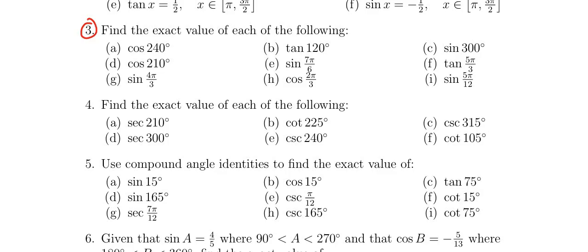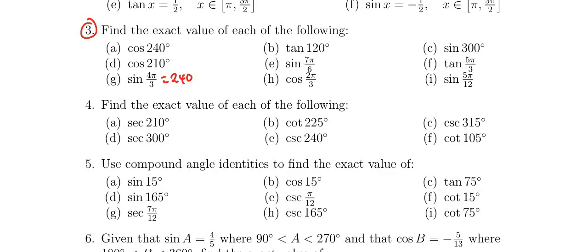This gives us 240. We already solved something like this. Which other one here? Is it 5? Let's say 5 times 180, then divided by 3. This gives us 300.